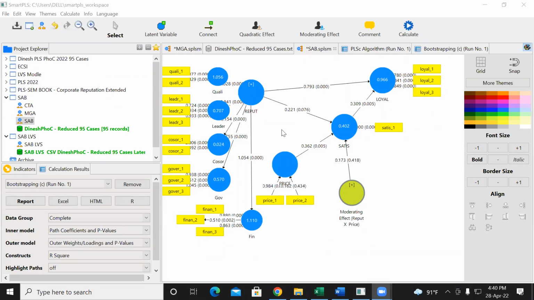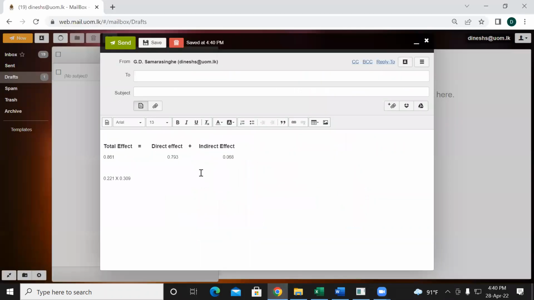Yes, yes. The significance level is the one you have to judge. But you can say very poor partial mediation in this case. It's even less than 0.1. This indirect effect is very, very poor, but significant, a small effect.